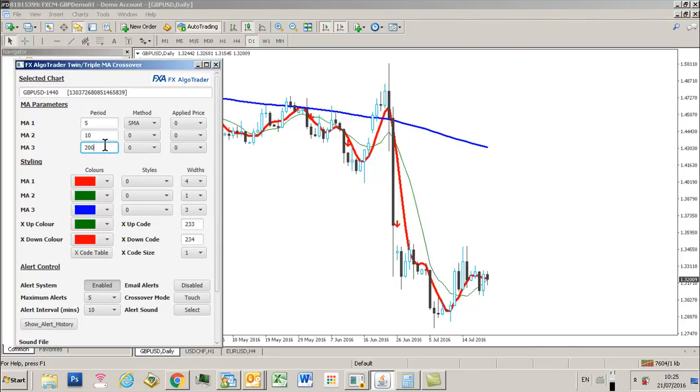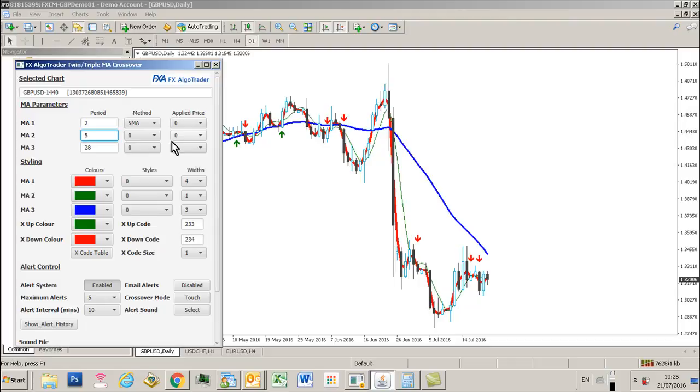If you're looking at a daily basis, maybe it'd be better to look at something like a 28 period moving average for the long term, and we'll use, say, 2-day for the short period and 5 for our medium-term moving average.